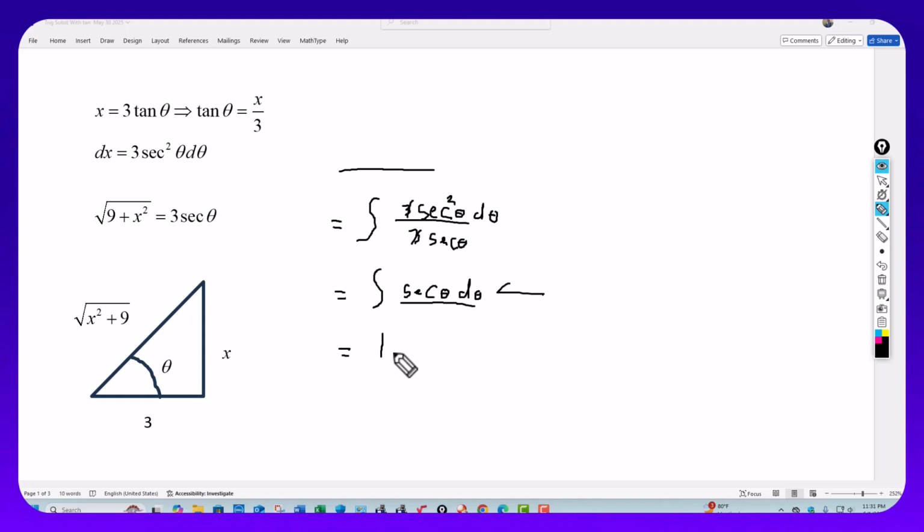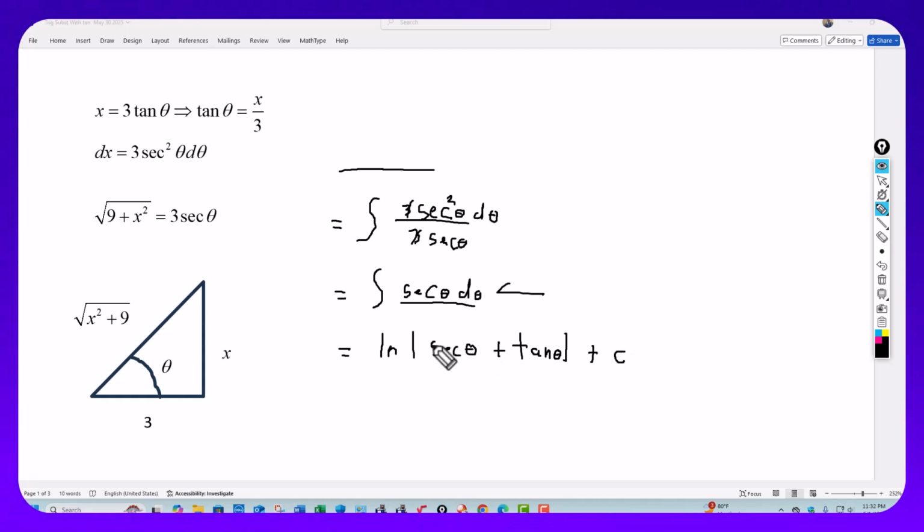The integral of secant theta d theta is the natural log of the absolute value of secant theta plus tangent theta, plus the constant of integration.